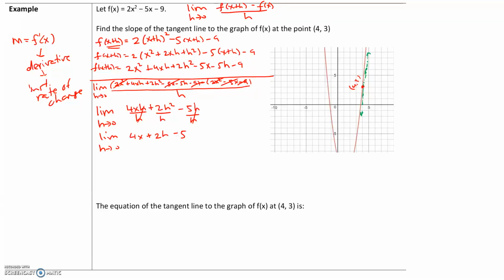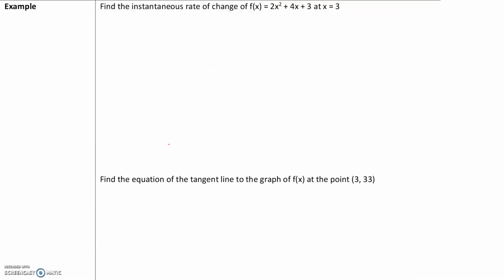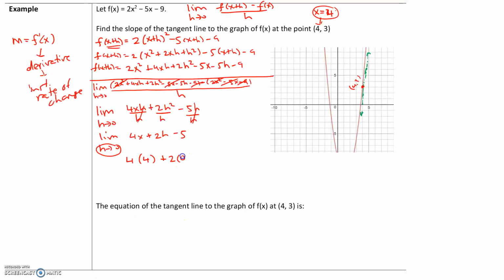So what's our point? The value of x is equal to 4. h is approaching 0. So if I plug this in, I'm going to get 4 times x, which is 4, plus 2 times h, which is 0, minus 5.